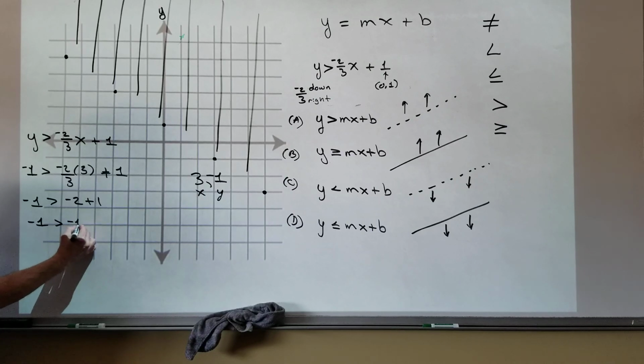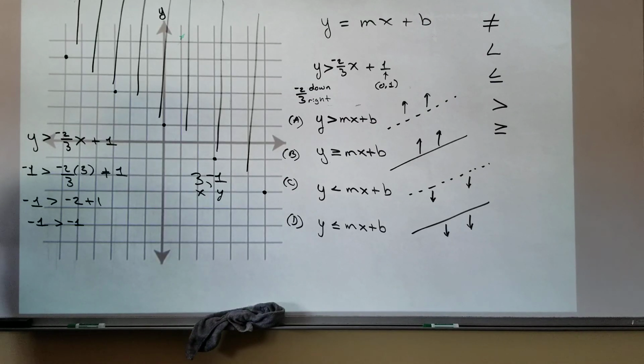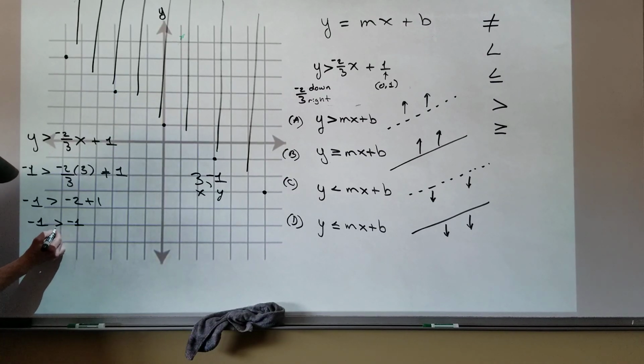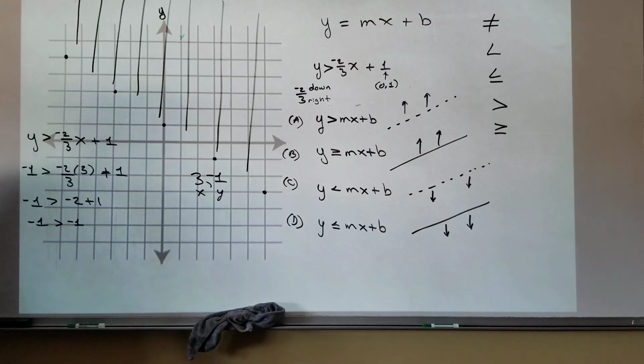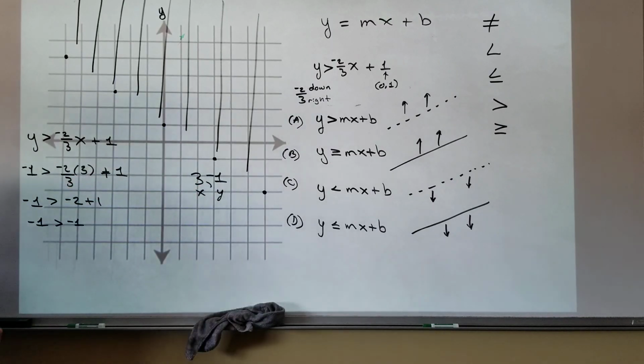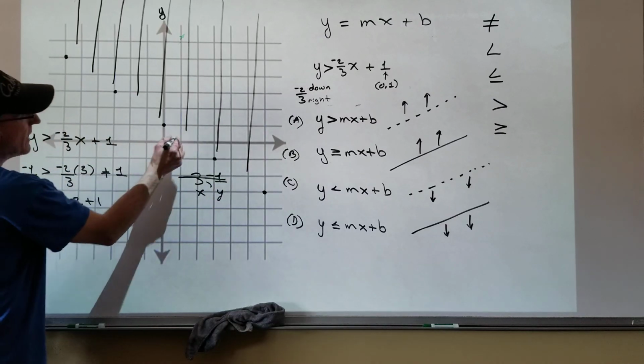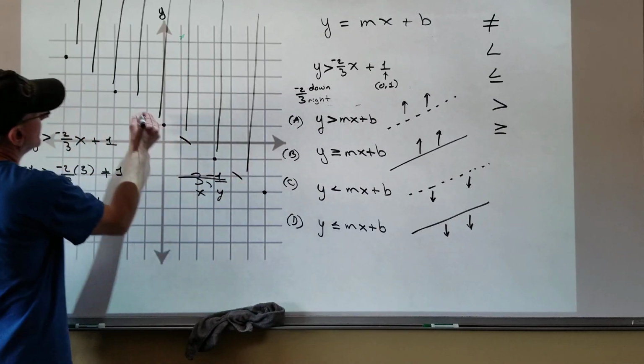True or false? -1 is greater than -1. It's not. If I had a little bar on here, well, they are equal, and then I'd say, oh, okay, that's a solution. But in the absence of an equal bar here, you can't say -1 is greater than -1, and so that's not a solution. Well, it's true for everything along this boundary.